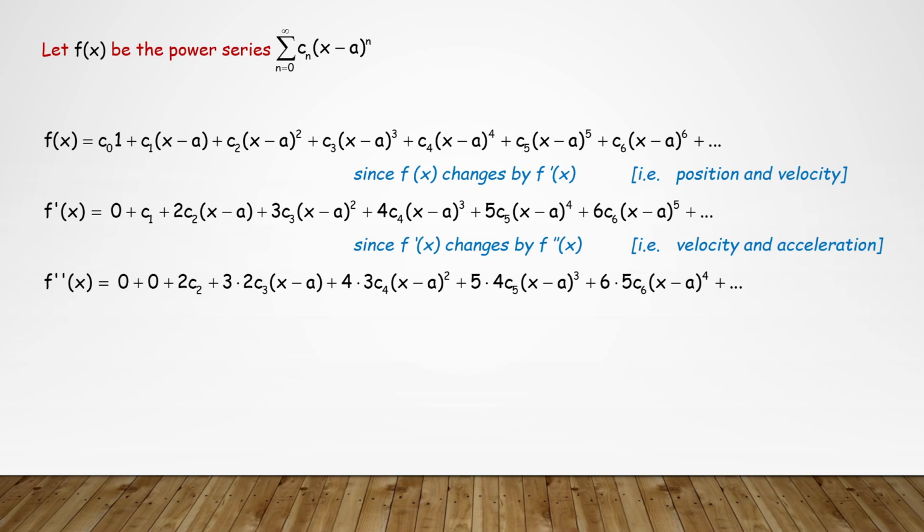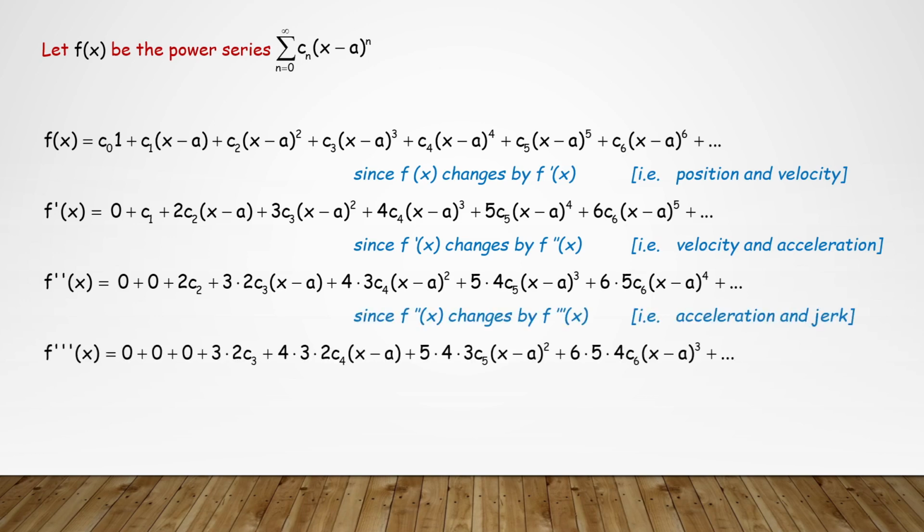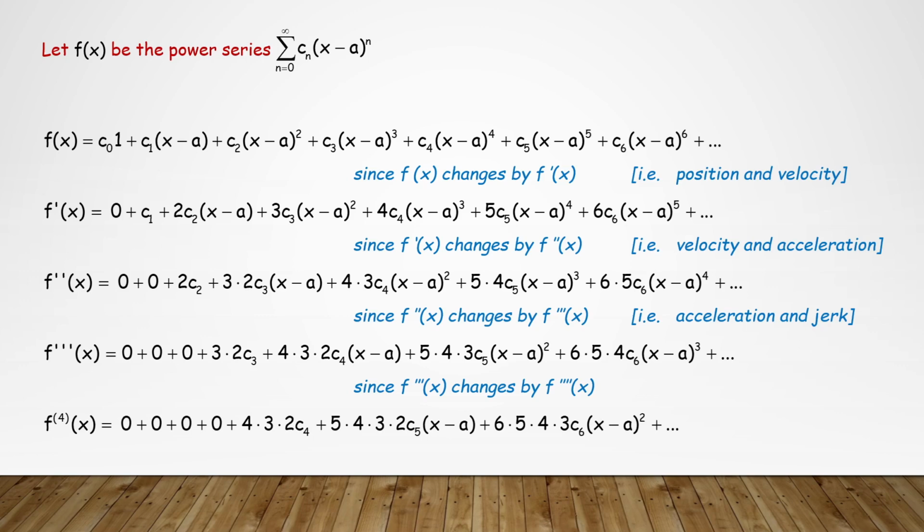And now we're starting off actually with the first term of plus 2 c sub 2 plus 3 times 2 times c sub 3 times x minus a plus 4 times 3 times c sub 4 times x minus a quantity squared, and so on. And we can kind of keep going with this. Second derivative can be affected by the third derivative, and we can take its derivatives. And the third derivative can be affected by the fourth derivative, and we can determine those.